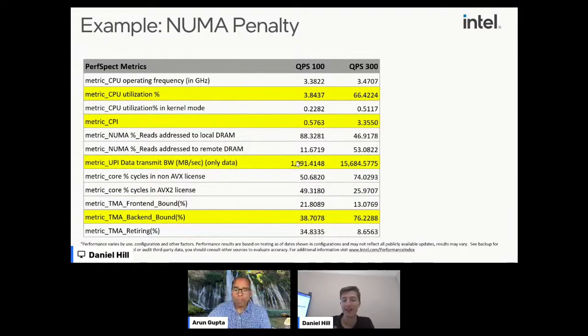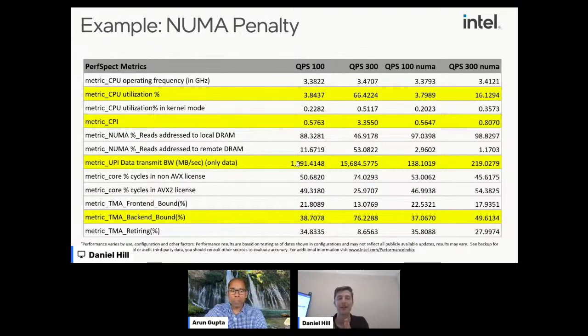So an easy way to fix this is you just pin everything as much to its own socket as possible. So we tried just doing a numactl to reduce it. And you see this. So we're pinning the processes to each separate socket. And you see UPI drops dramatically. It's way less than it even was at queries per second 100.